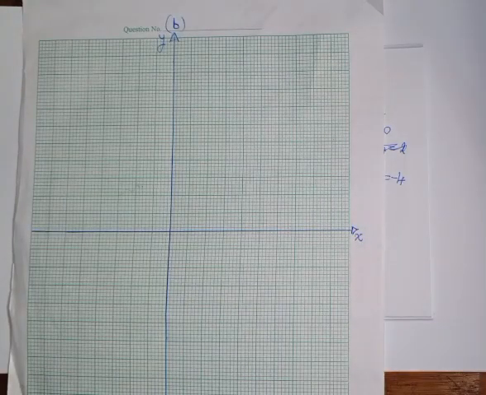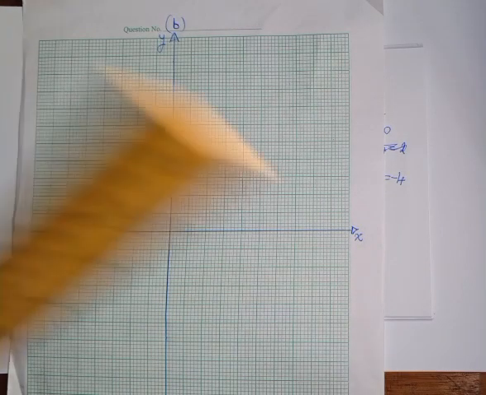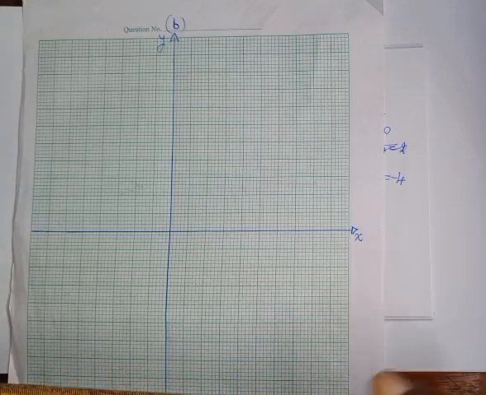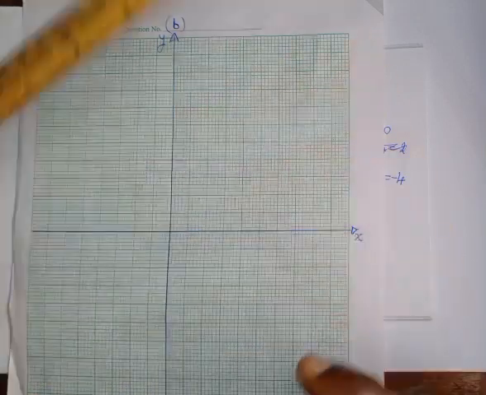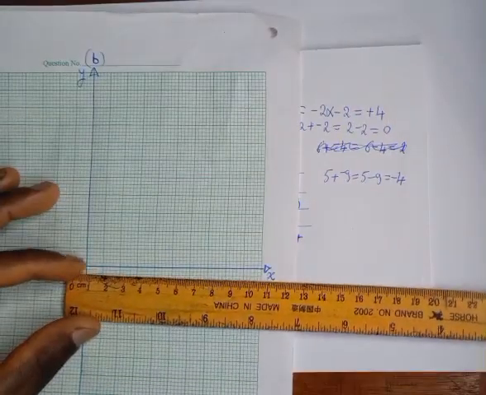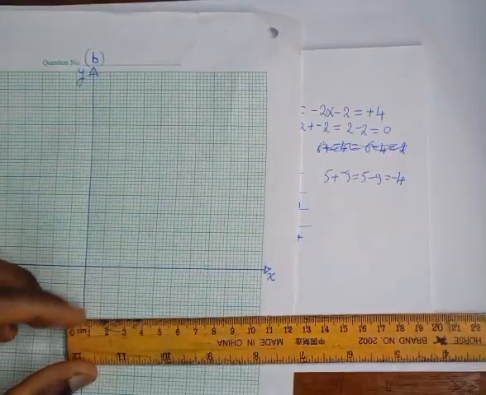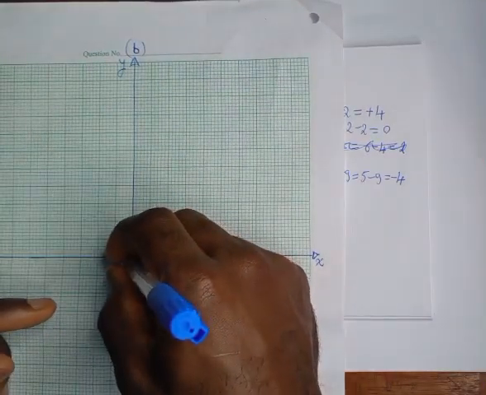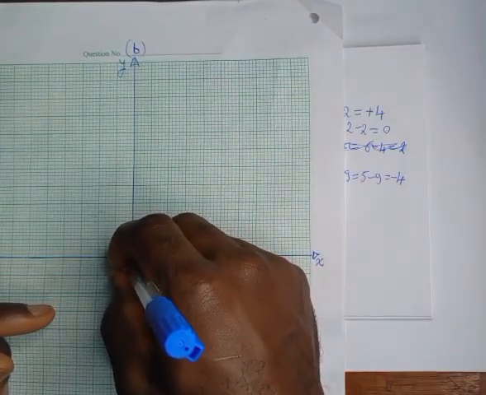Now the next thing, we need to graduate the axis, and in the problem they're asking us to make use of 2 centimeters to represent 1 unit on both axes. Let's carry out a measurement. Remember where the 2 axes meet, we call this the origin. At this point, x is 0, y is 0.